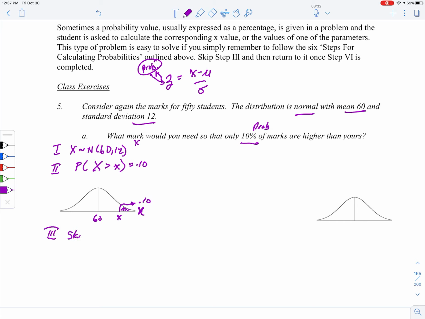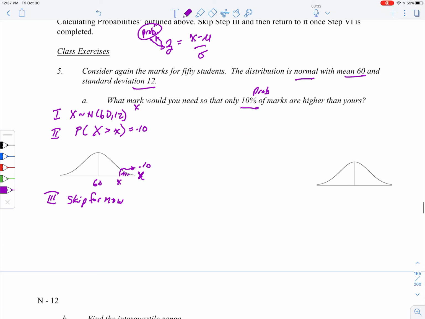Now, step number 3 we need to skip for now. The reason is that we would have z is equal to x minus 60 divided by 12, and the problem is we don't know what x is. That's what we're trying to find out. We don't know right now what z is, but we can figure that out from the 10%.